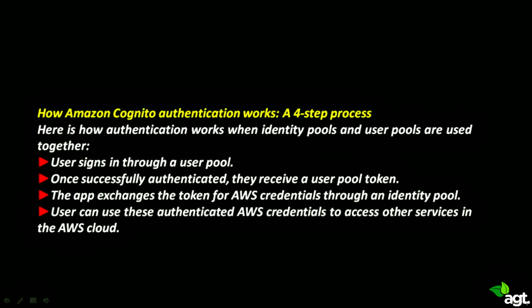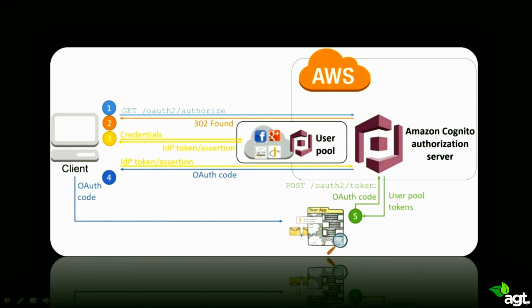Third, the application exchanges the token for AWS credentials through an identity pool. And fourth, they can use these authenticated AWS credentials to access other services in the AWS cloud. This is the overview of how Amazon Cognito security works, and this is the sample image of the process from the starting level to the end.